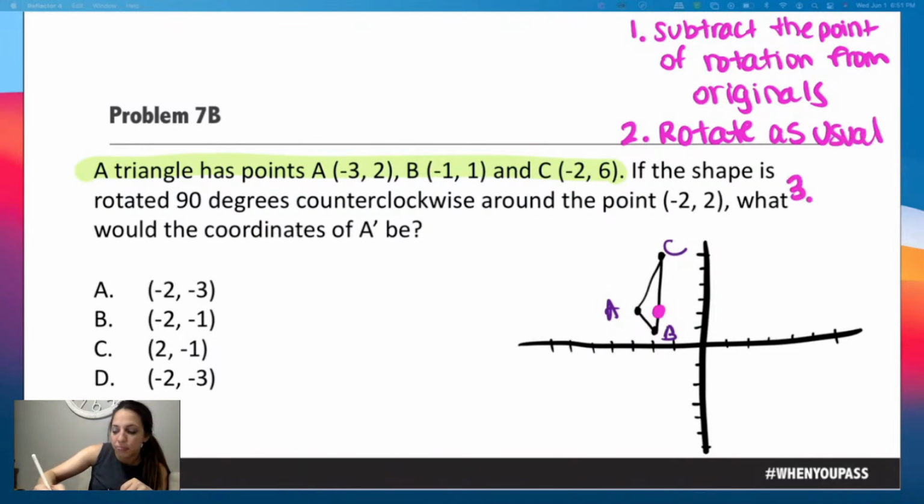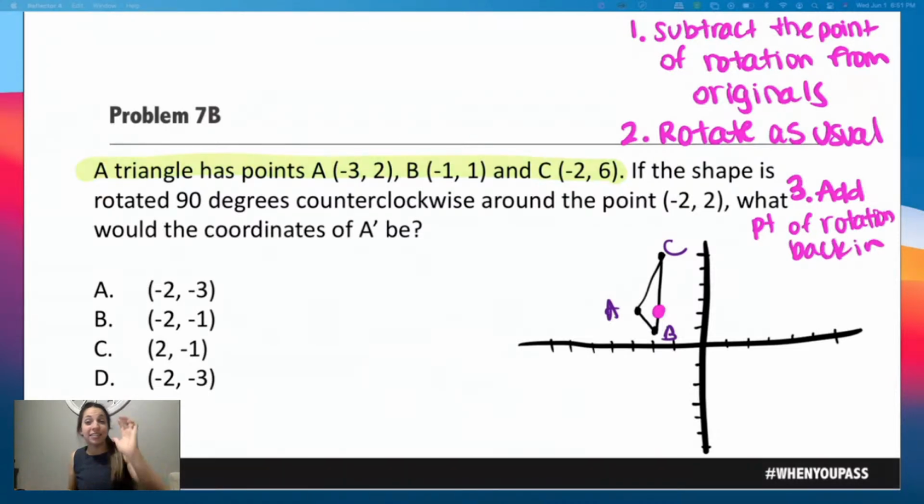Number 3, add the point of rotation back in. Now, let's take this and do it.